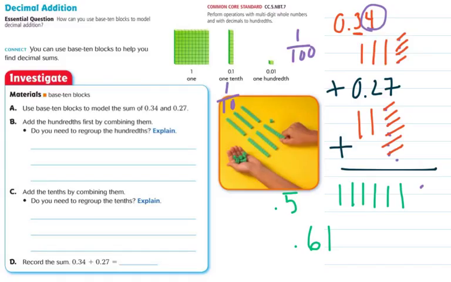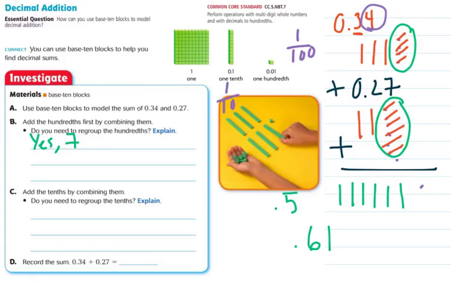Now, boys and girls, when we go over here to the side, it says, do you need to regroup the hundredths? We said yes. And right over here, when I was crossing off those 10 hundredths, that's what we were doing. We were regrouping the hundredths. So, yes.